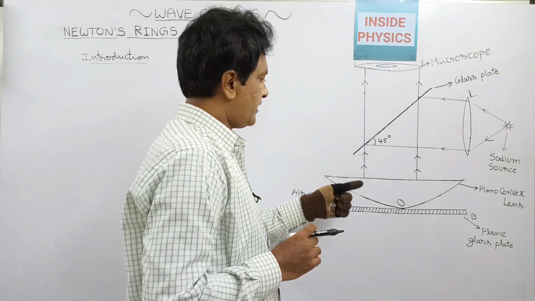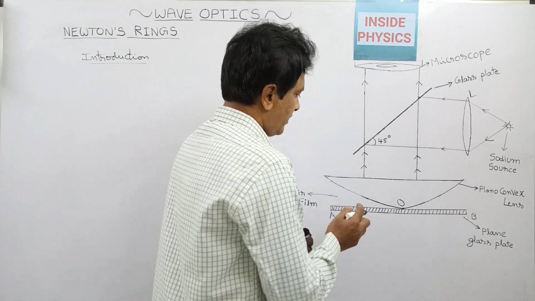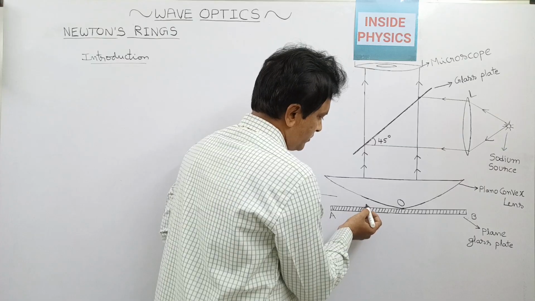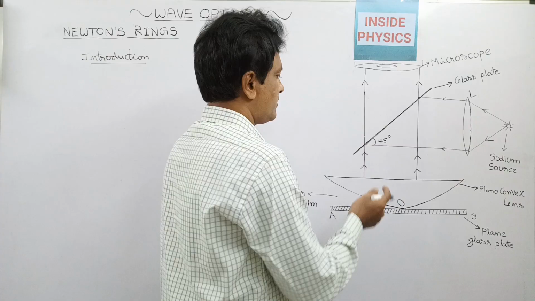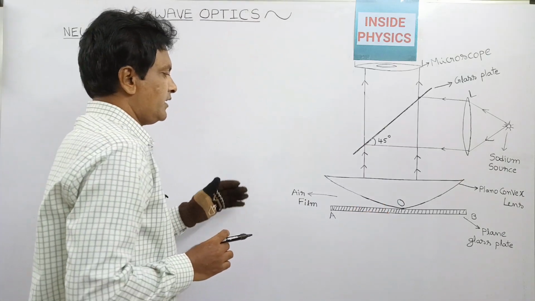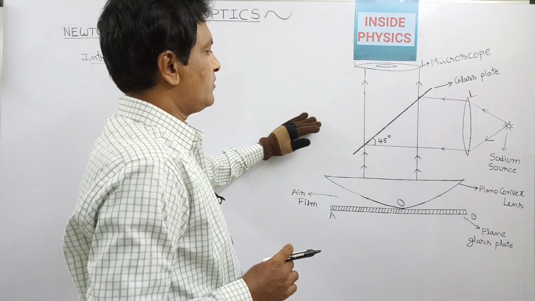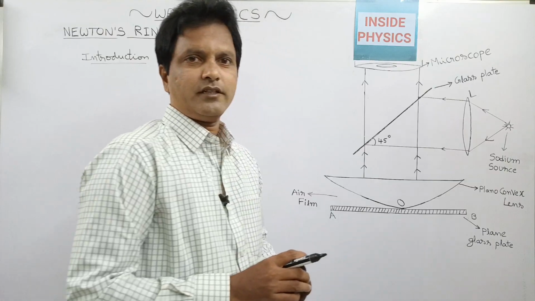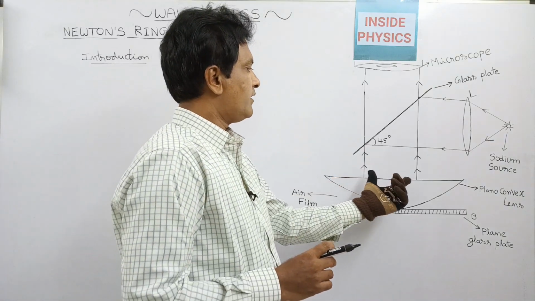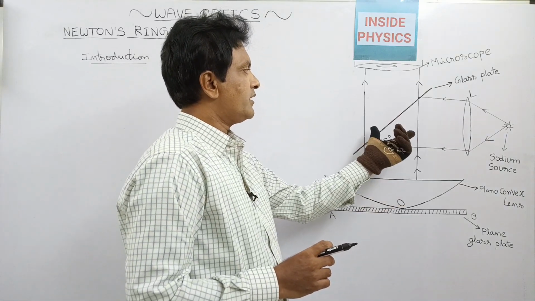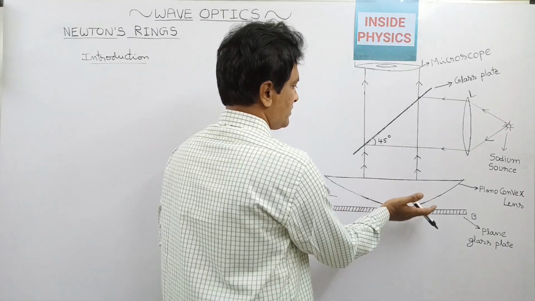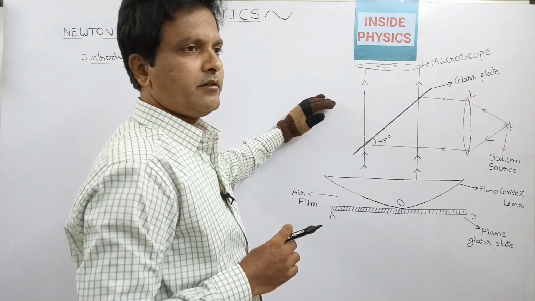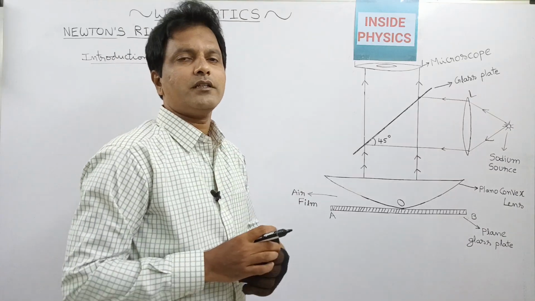The light rays will be reflected from the upper surface of the thin film, and they are also reflected from the lower surface of the thin film. In this way, the reflection of waves takes place, and they have some phase difference while reflecting. The two rays moving in the same direction after reflection from the thin film form an interference pattern based on their optical path difference.